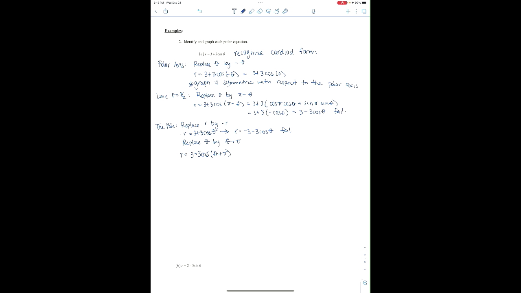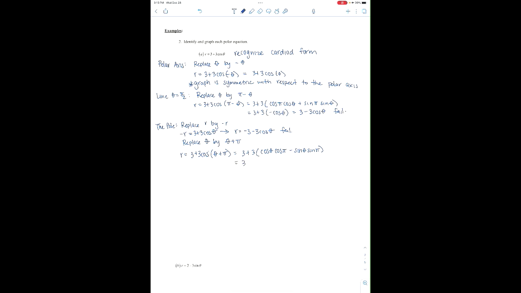And so that will give us 3 plus 3, and we have cosine of theta plus pi. So using our trig identities, we can say cosine theta cosine pi minus sine theta sine pi.